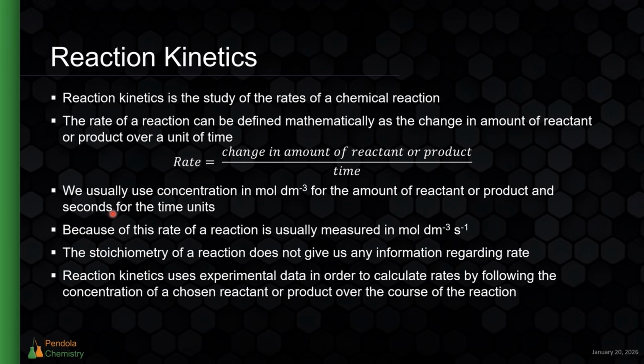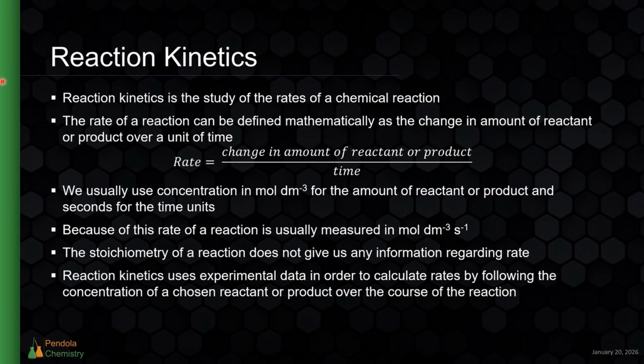Now, for some much slower reactions, the time could be measured in minutes or even hours, but for most reactions, especially those we're going to do in practicals and in AICE chemistry, the time is going to be measured in seconds.